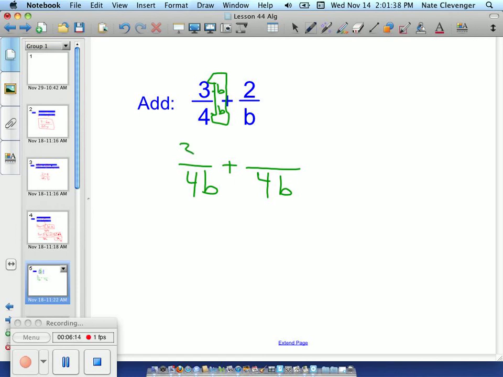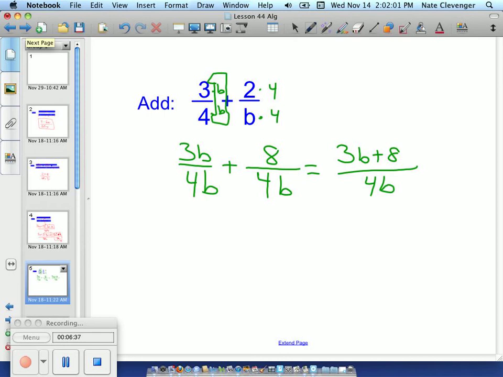So 3 times B on top would be 3B. We multiply the B by 4. Multiply the top times 4. There's our well-chosen one. That's 8. Now get them combined and just put 3b plus 8 over 4b.